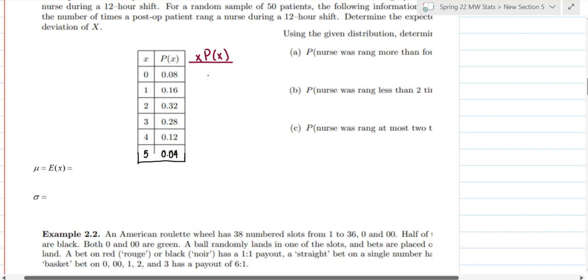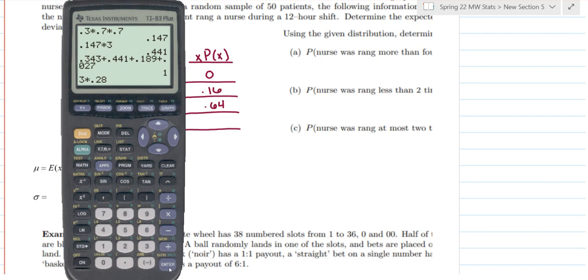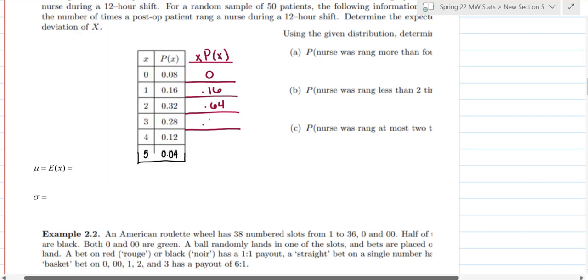So 0 times 0.8 is 0. 1 times 0.16 is 0.16. 2 times 0.32 should be 0.64. 3 times 0.28, there we go, 0.84. 4 times 0.12 would be 0.48.